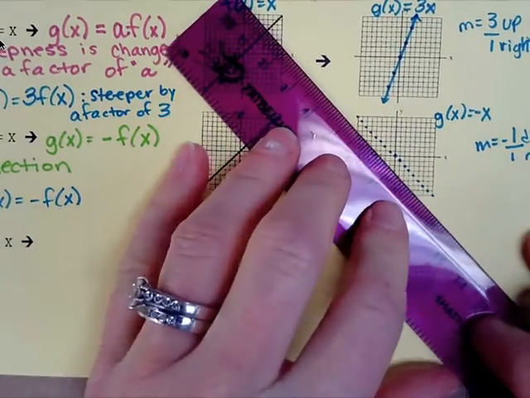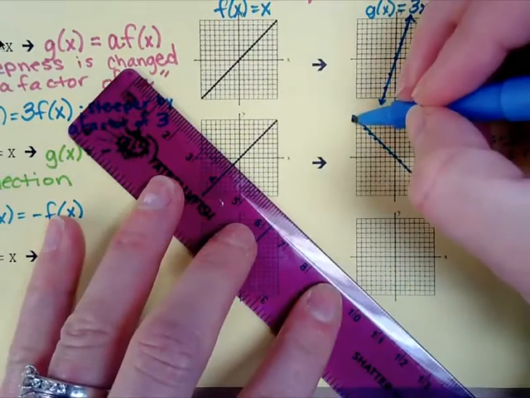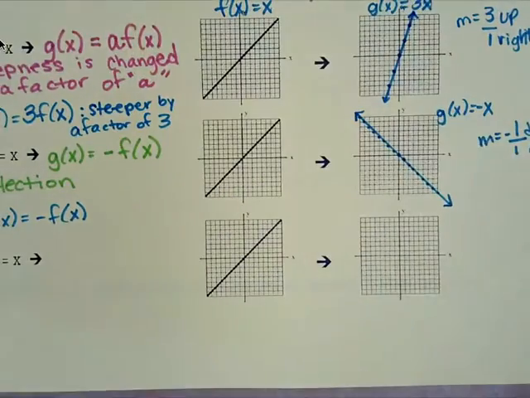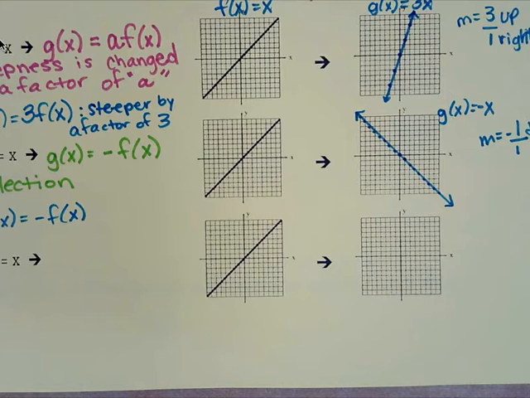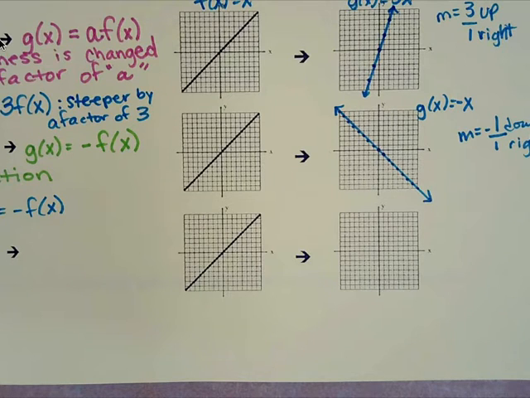Okay, so let's draw your line. So the only thing that changes whenever you do a negative in front of your slope is it flips it. It makes it a reflection across the axis.